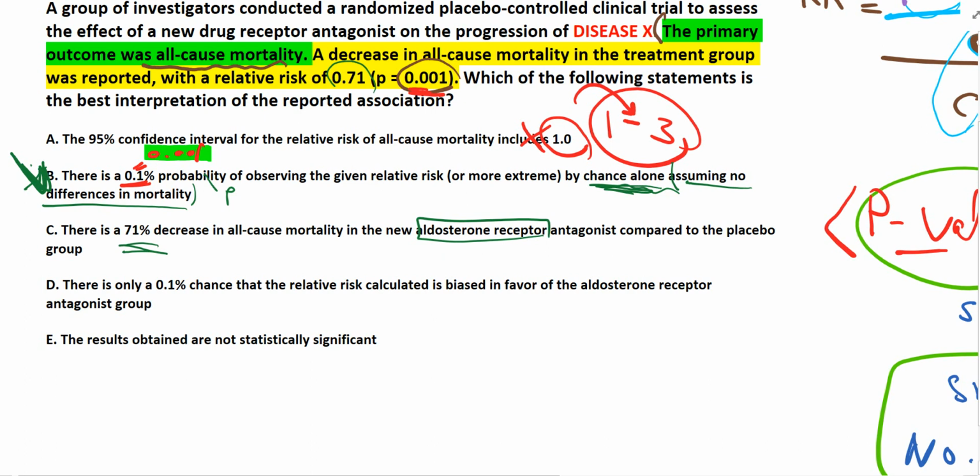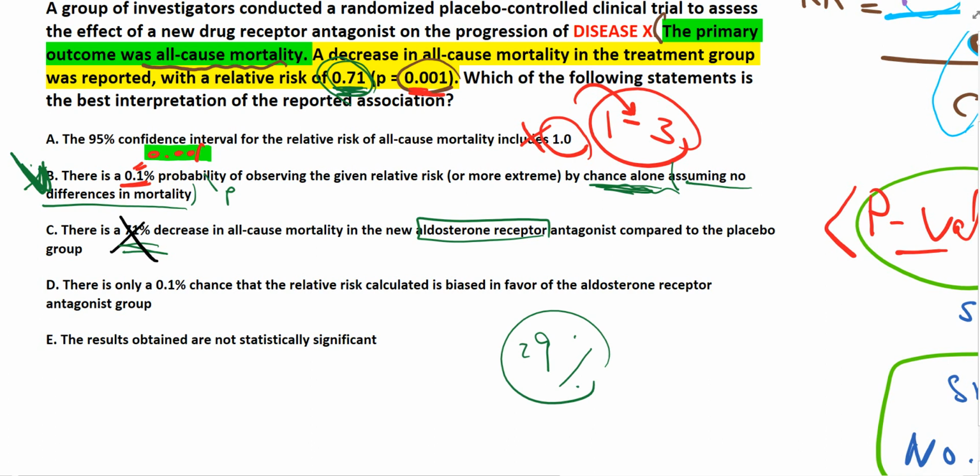This number is the relative risk of mortality rate, how much it's lowered to that number of all-cause. So this is how many people died, and the ones who lived are 29%, not 71%. So this is wrong.